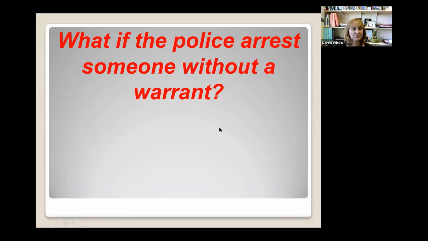So what if the police arrest someone without a warrant? We went over certain circumstances where a police officer could arrest somebody without a warrant. Now, remember we said in a house, you should always have a warrant. But if you're out in public places, there are certain circumstances where you can arrest without a warrant. Or if there's an emergency situation, even in a home, you can arrest without a warrant.